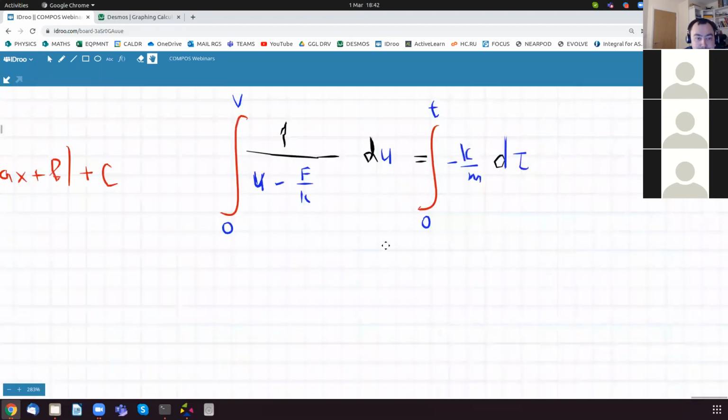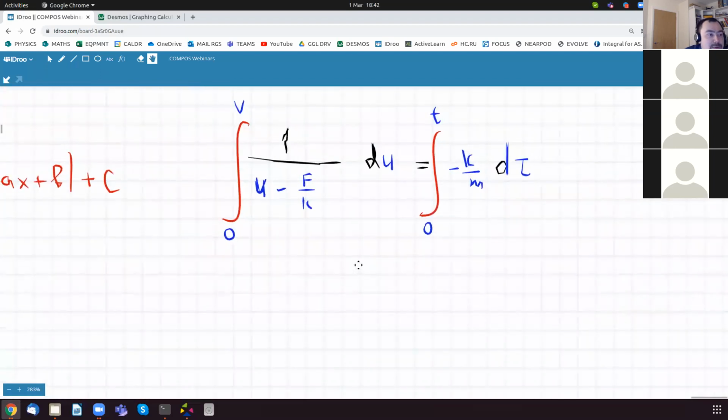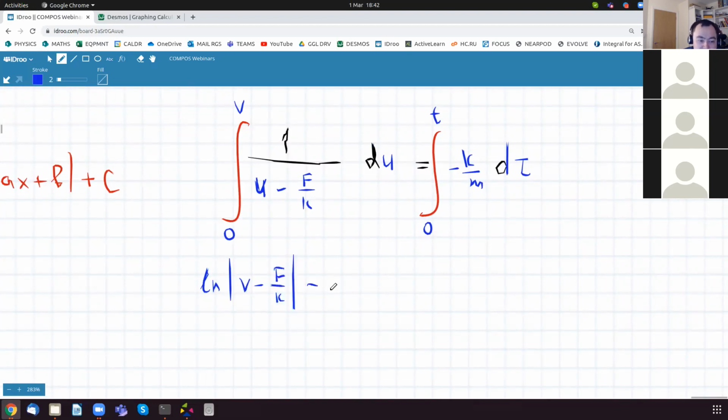And that's what we can do here. So we integrate, we get logarithm of v minus f of 0 on k, minus logarithm of 0 minus f on k, equals minus k over m t.